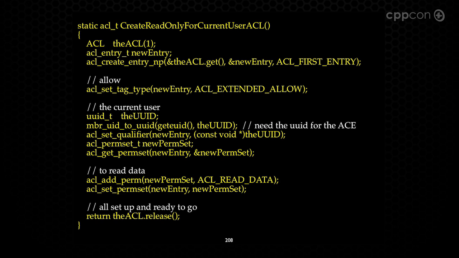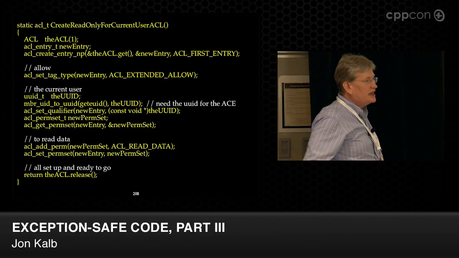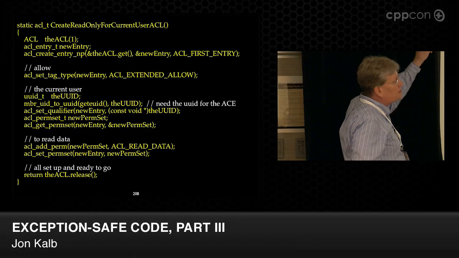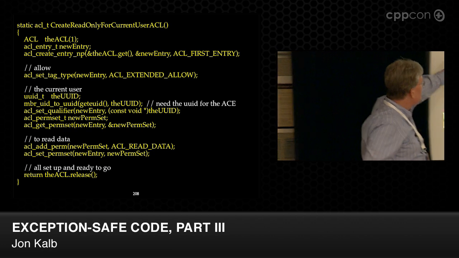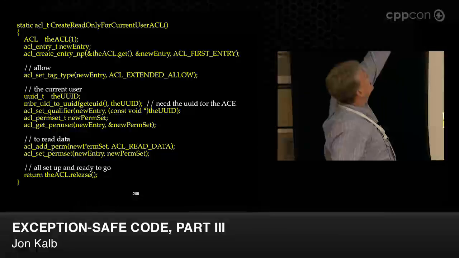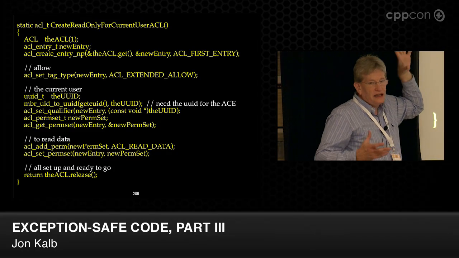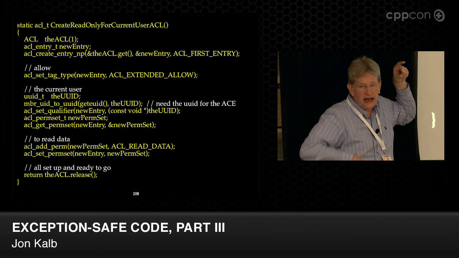Notice now that the error handling kind of went away. I don't ever say, does this fail, does this fail, does this fail, right? And the reason is that if it does fail, it's throwing an exception. Remember, down here there was this little if where it cleaned up the ACL. That's done inside my capital ACL object, an object whose destructor will clean up the ACL.